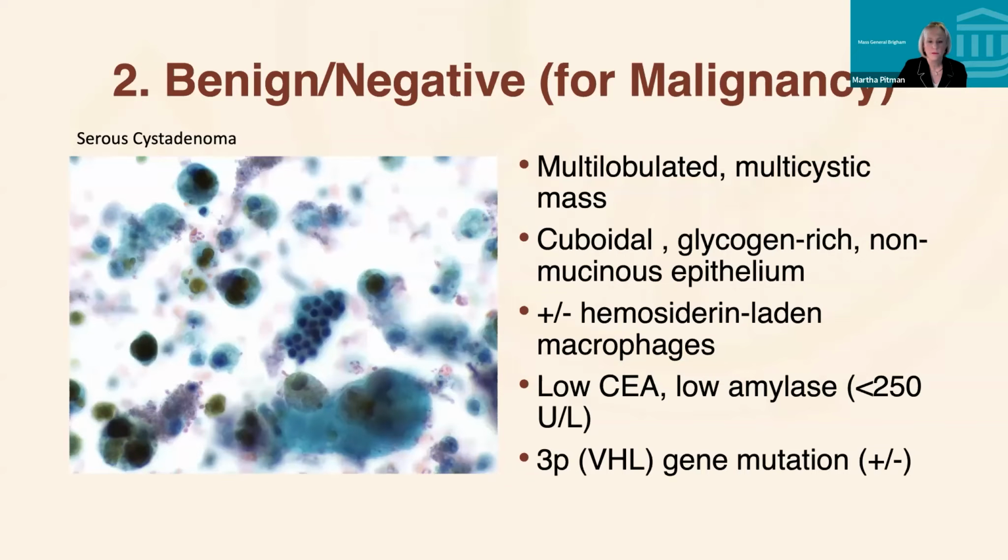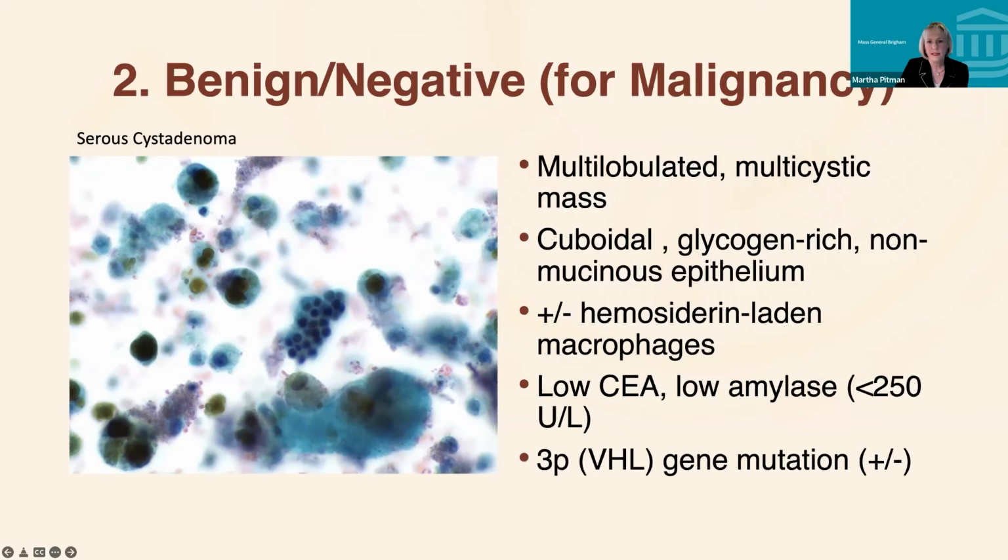They're multilobulated, multicystic masses. They're lined by cuboidal, glycogen-rich, non-mucinous epithelium, which is very delicate and often gets destroyed during the FNA process. Liquid-based processing preserves the epithelium a little bit better, but with direct smears, these cells often get stripped of their very delicate cytoplasm and they're hard to see.